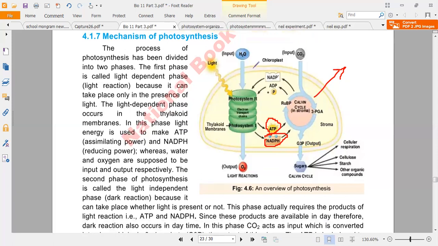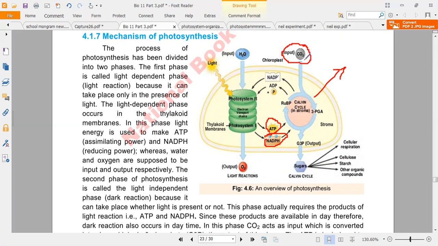Water is split here in the light reaction, and oxygen is removed as output. We know that in photosynthesis oxygen is released, and the hydrogen from water is used to reduce NADP+ to NADPH. In the Calvin cycle, carbon dioxide, which is a very important reactant in photosynthesis, is used in the dark reaction, which is done in the stroma.